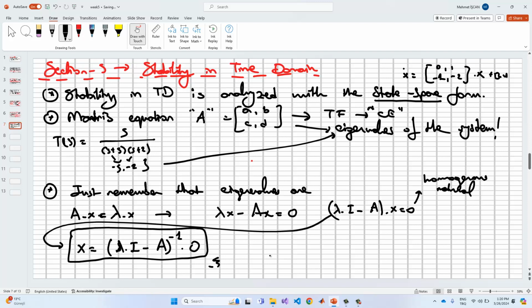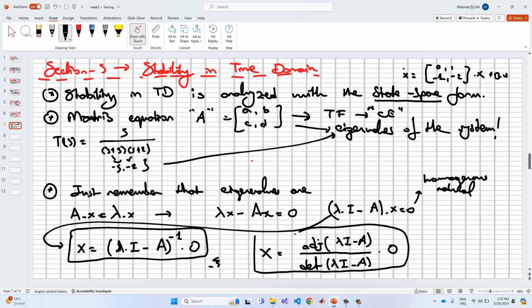And so this x can be written as, just remember the linear algebra theory, the adjoint of (lambda I minus A) over the determinant of (lambda I minus A) times 0. Okay? This is the solution of our time response for this study. This is equal to 0, but if we have any initial condition then this value is replaced with the initial condition.